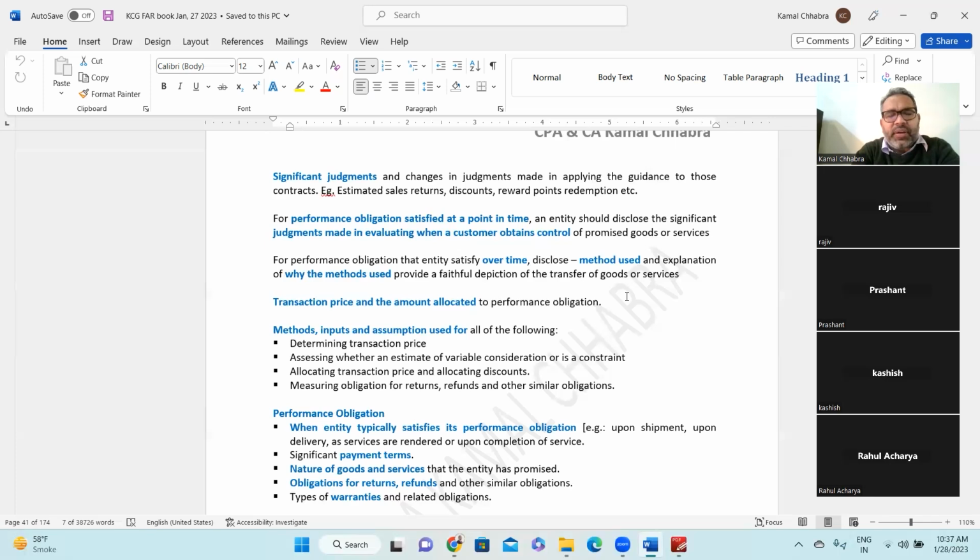If it is ex factory, as and when the goods move out of the factory, you can recognize the revenue. When it is ex destination, then as and when the goods reach the respective destination, you can recognize the revenue. But all those terms used in your business, you need to mention specifically.